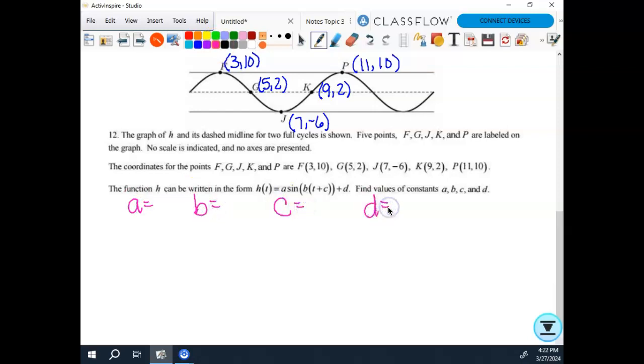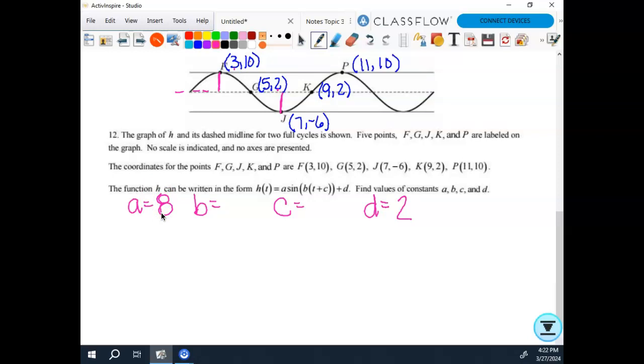All right, so D, that's my midline. That's the Y value, that is 2. A is also a Y value right here, which also does not happen to be 2, because if you look at 3 and 5, be careful. You're going from 2 to 10 or -6 to 2. That A is 8.